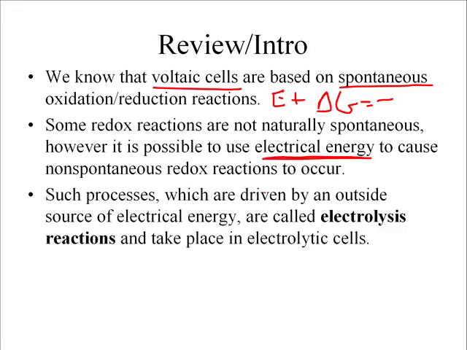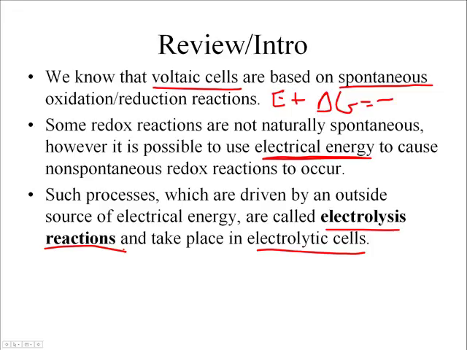When you have a non-spontaneous redox reaction, you can use an electrolytic cell. And in an electrolytic cell, electrolysis occurs. Now how do you know whether it's a voltaic cell or an electrolytic cell?